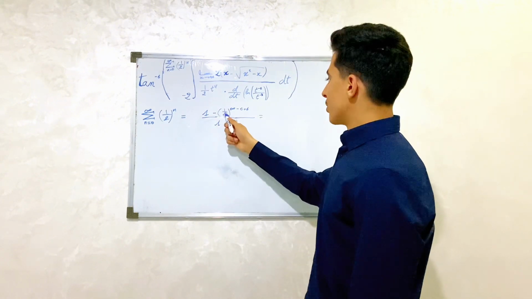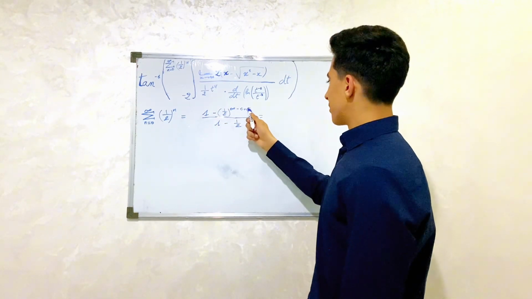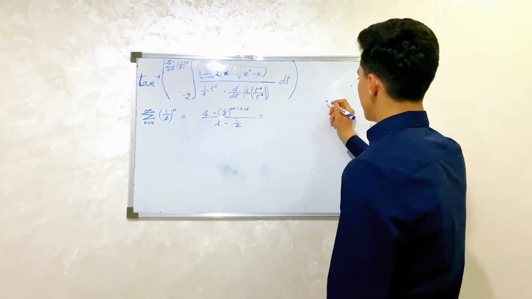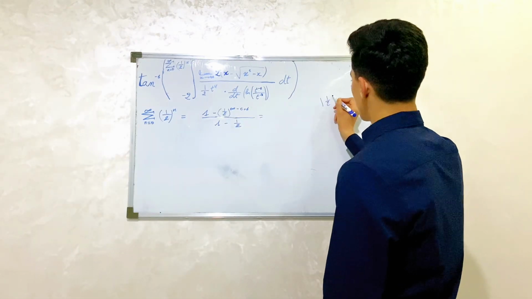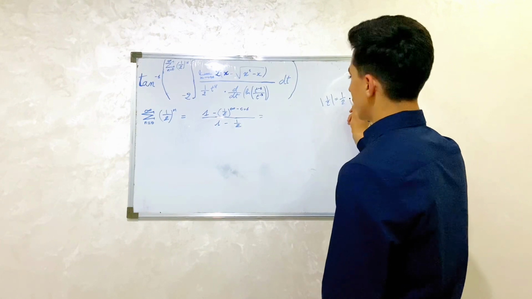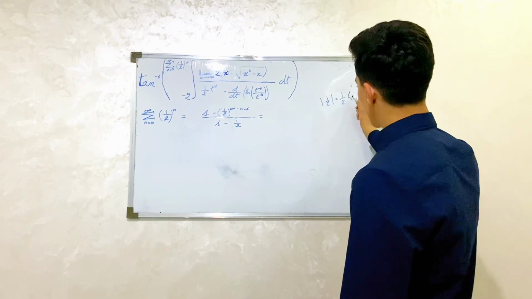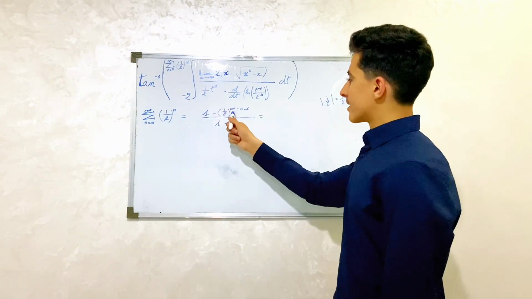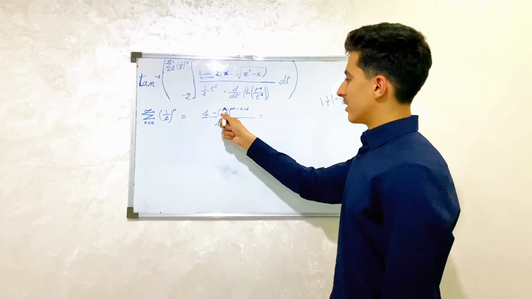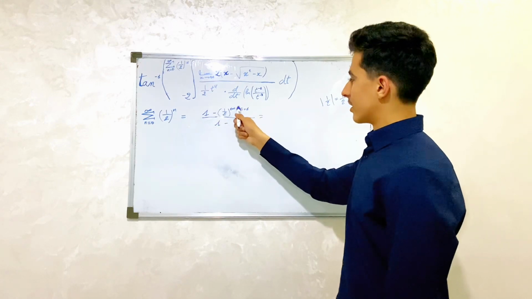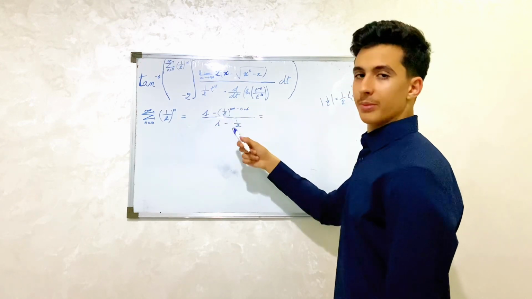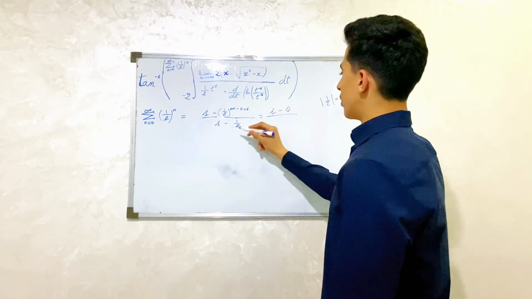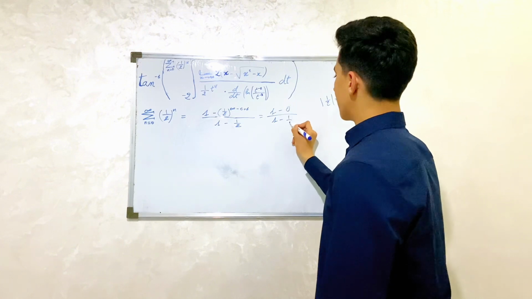The absolute value of the base, 1 over 2, is 1 over 2, which is less than 1, making the limit as the power approaches infinity of this term 0. So we have 1 minus 0 over 1 minus a half.